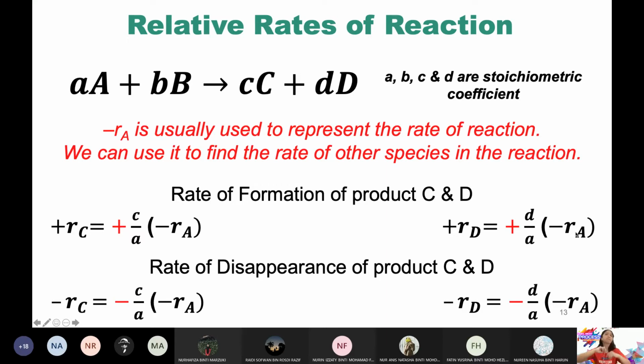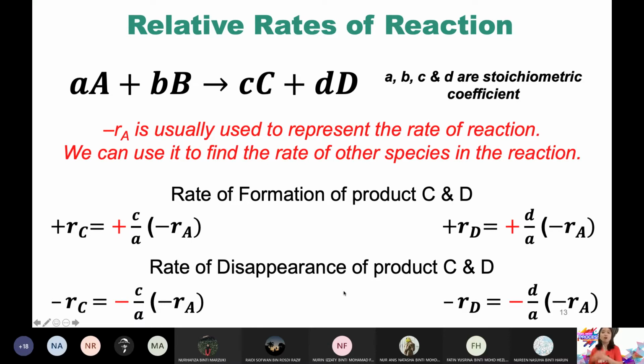Okay, so let's say the reaction is 1A with 1B to produce 2C and 1D. So C per A will be 2 over 1, D per A will be 1 over 1, the ratio of the stoichiometric coefficient.